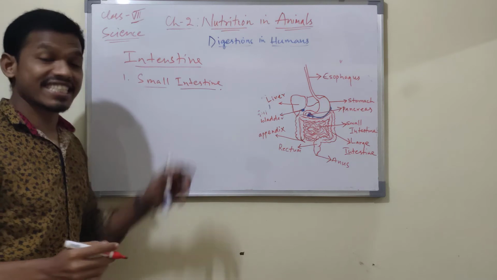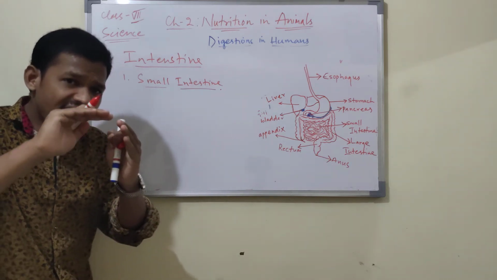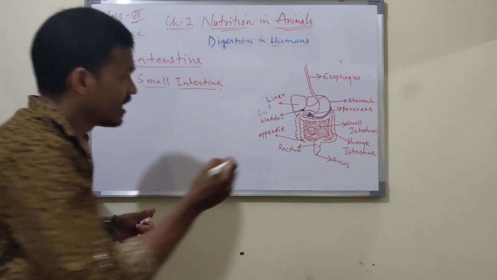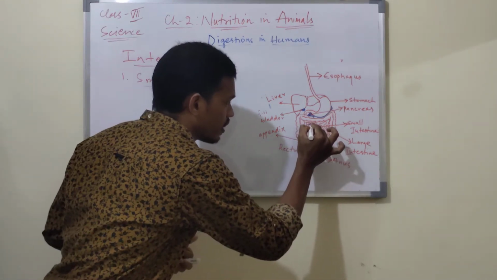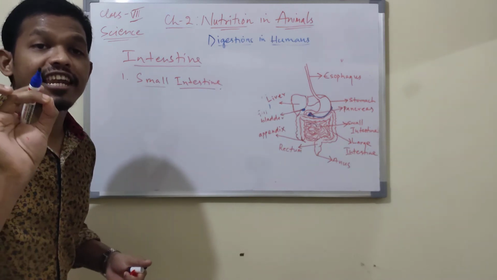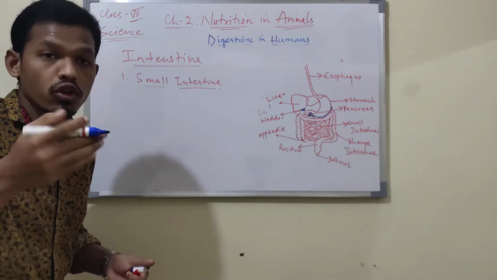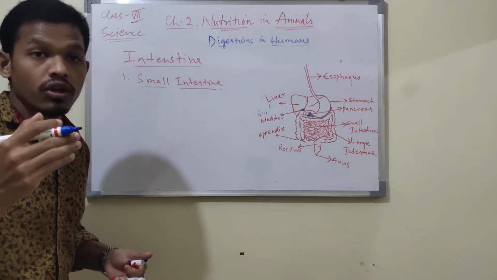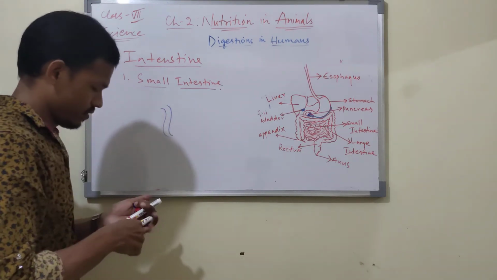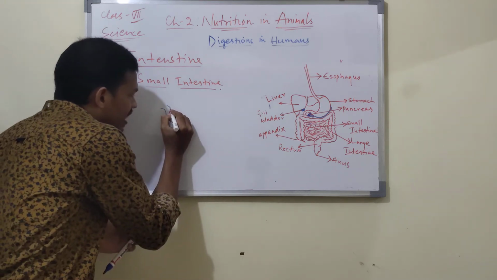Also, if you see inside the inner wall of the small intestine, you will find finger-like projections or outgrowths. Suppose this is a tube.